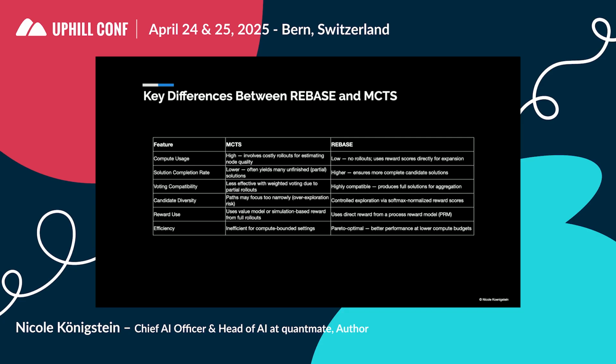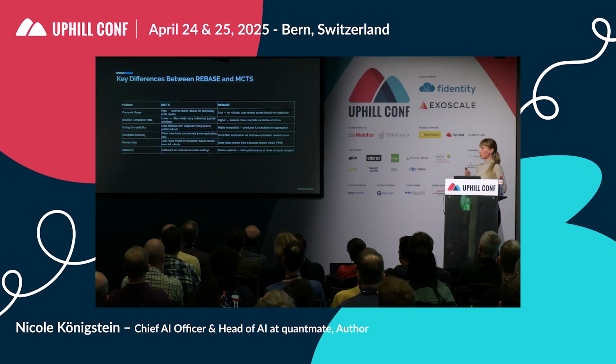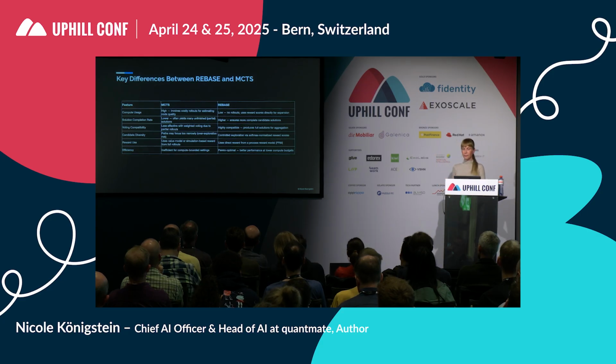So at a high level, the Monte Carlo tree search is more costly, and although I mentioned here it's slower, it's still higher than some other methods. You don't have those rollouts, which you have with the Monte Carlo tree search. The solution completion is, well, sometimes unfinished. If you're unlucky, it's higher because REBASE looks at things a little bit differently with a candidate solution, so it helps finding better candidate solutions.